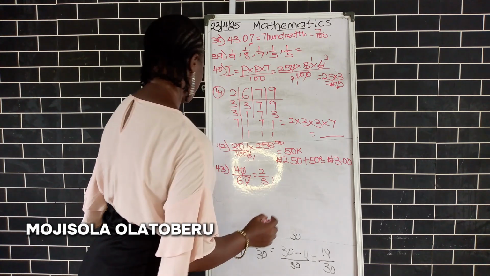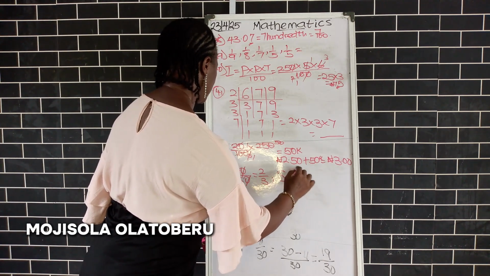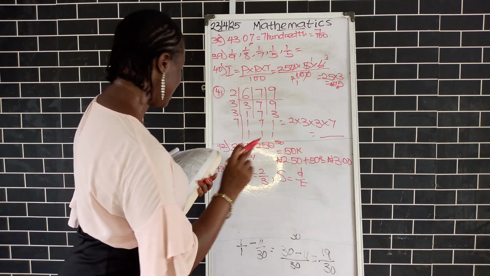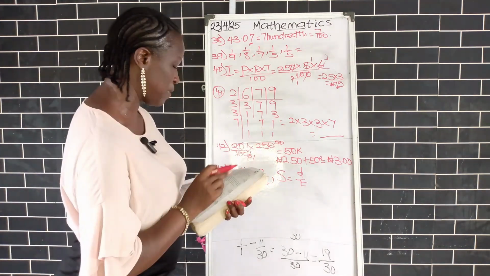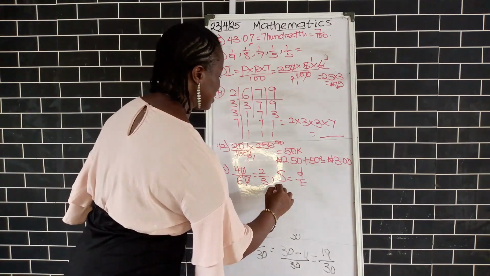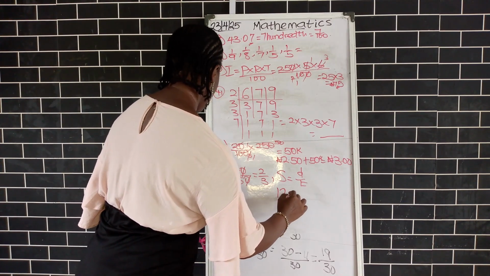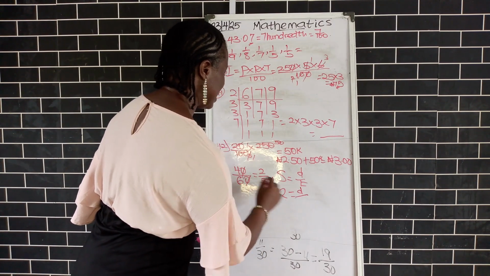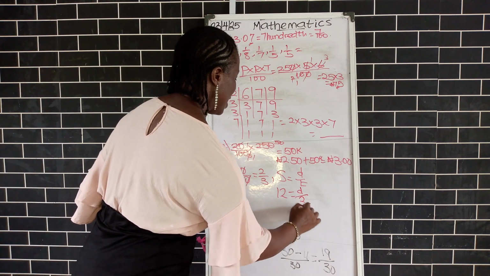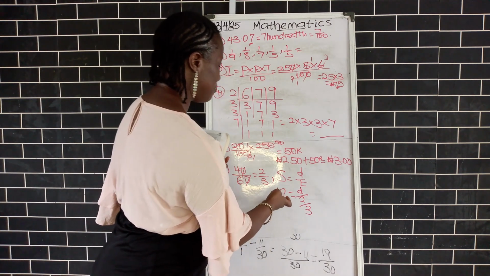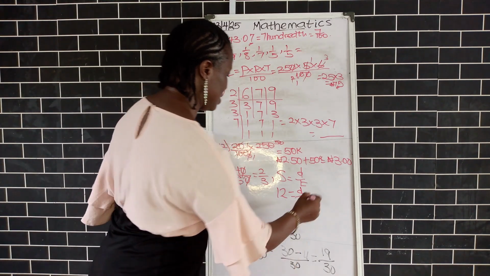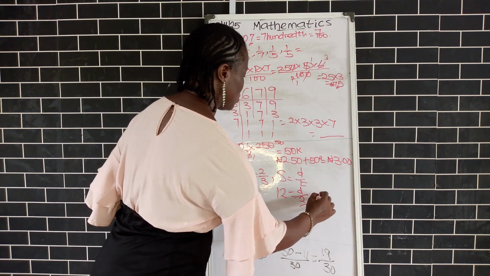Then what is the formula for speed? Speed is equal to distance over time. They've already told us from the question that the speed is 12. We don't know the distance, but we know the time to be 2 over 3. So we have 12 is equal to distance over 2 over 3. Let's bring D out of the question.